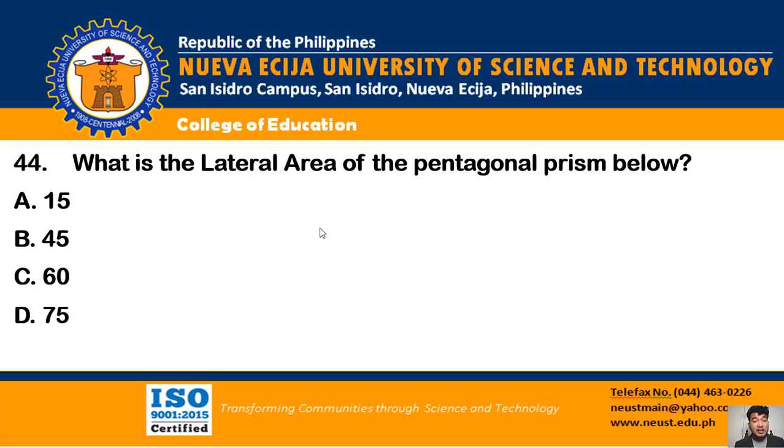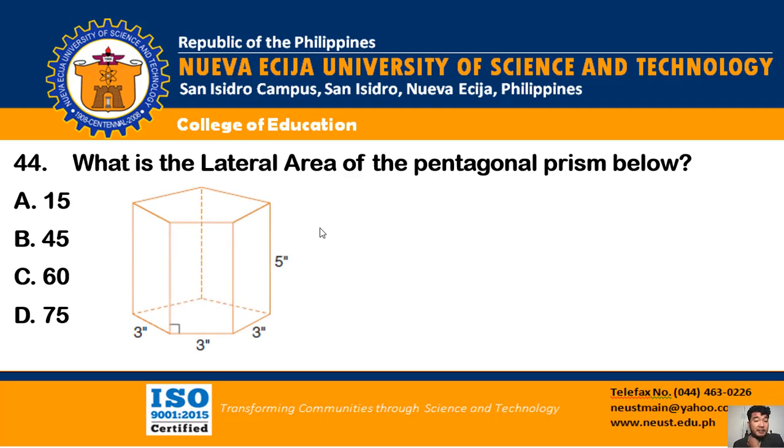44. What is the lateral area of the pentagonal prism below? So here is the pentagonal prism with the following dimensions. As you can see, the side of the pentagon is 3 inches and the height of the prism is 5 inches. So lateral area is equal to perimeter of the base times the height.